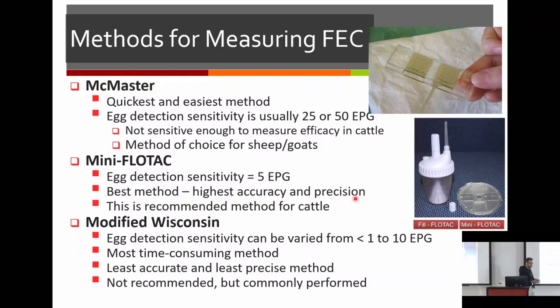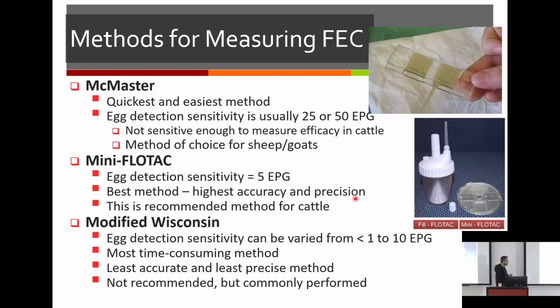But the sensitivity is not good in the case of cattle, because normally the fecal egg counts are low in cattle. So that's why Mini-FLOTAC is the best method in the case of cattle. This is recommended for cattle. You can detect like 5 eggs per gram of feces. That is sensitive.